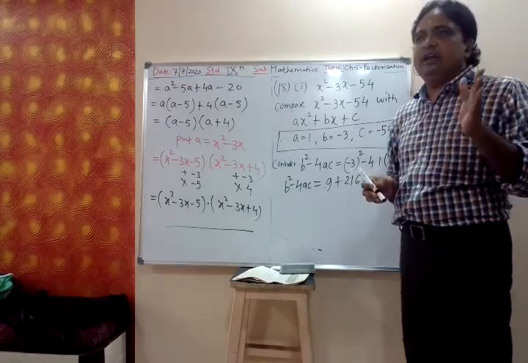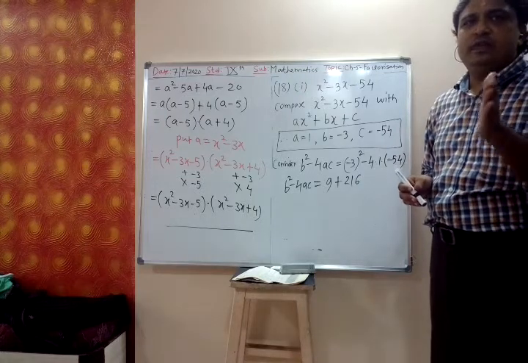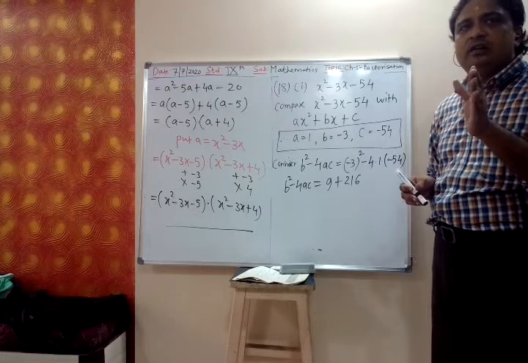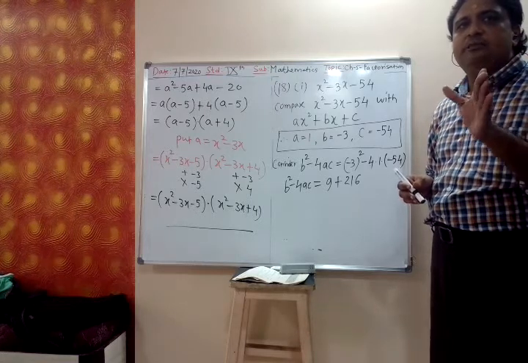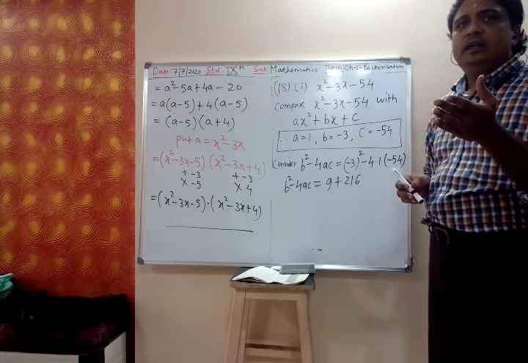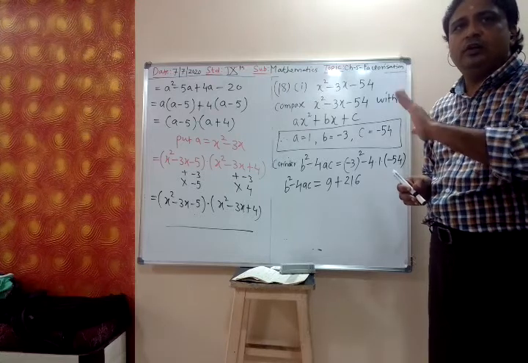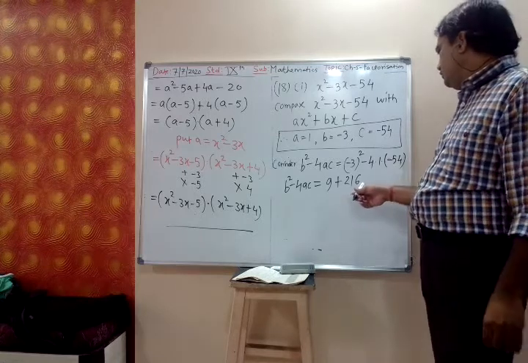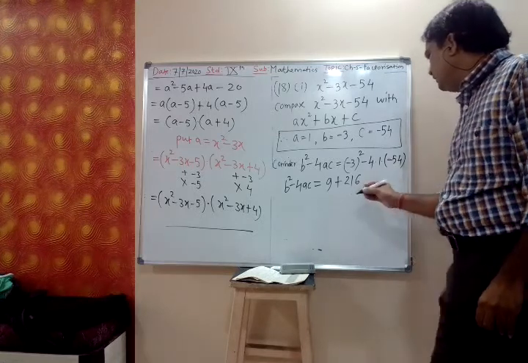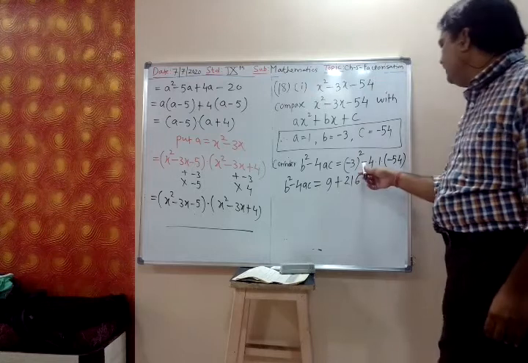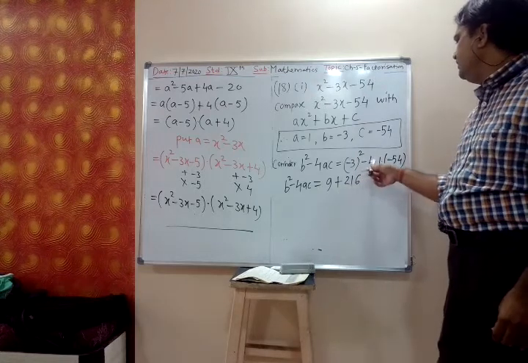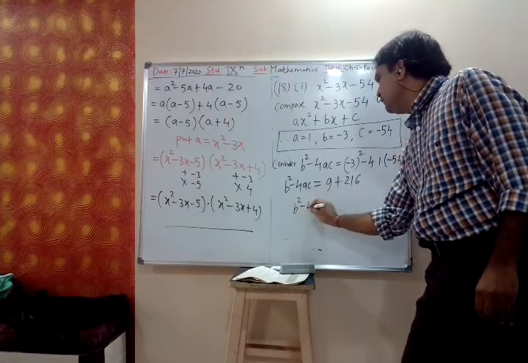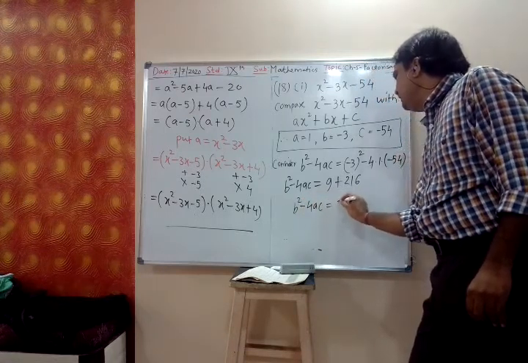After finding a, b, c, we have to check whether b square minus 4ac is a perfect square or not. If b square minus 4ac is a perfect square, then it is factorizable. If it is not a perfect square, then it is not factorizable. Minus into minus is plus, so b square minus 4ac is 225.